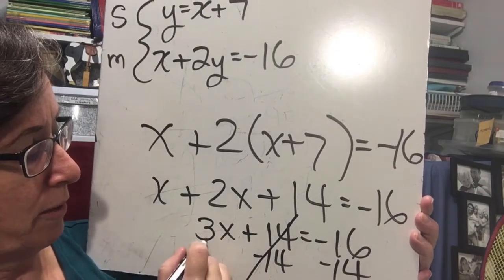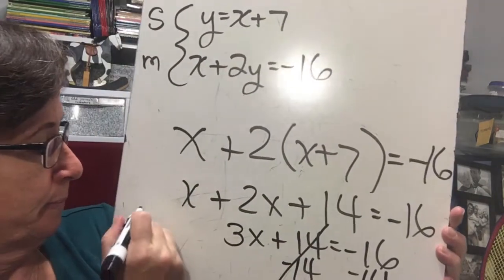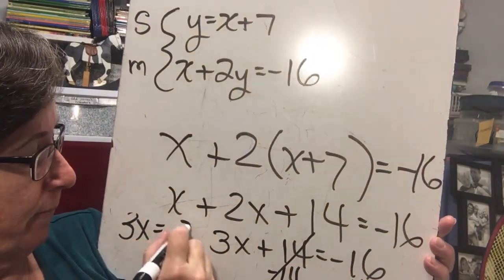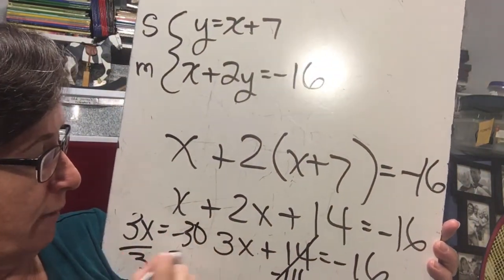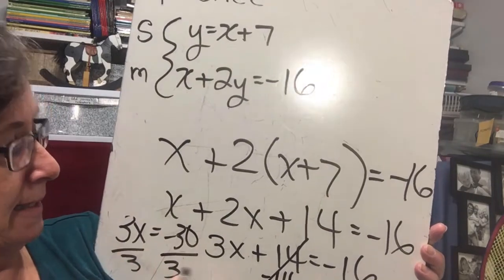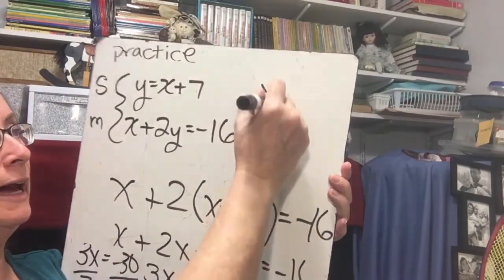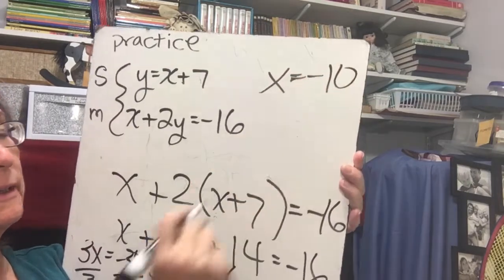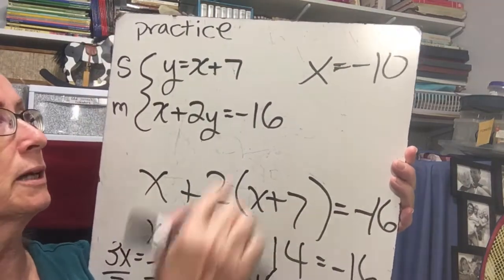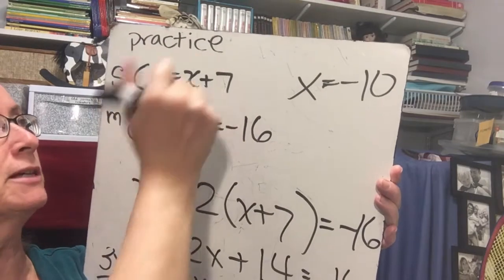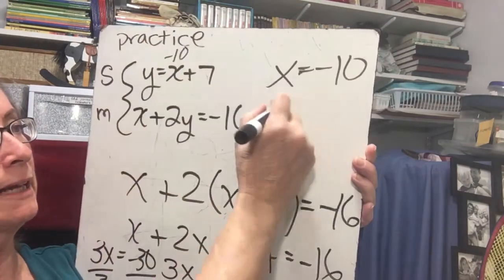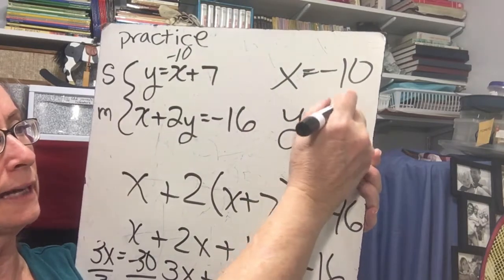So we end up with 3x is negative 30. Divide by 3, divide by 3. X is negative 10. So we're going to plug it back in here to the sub-equation. Negative 10 plus 7 is negative 3. So y is negative 3.